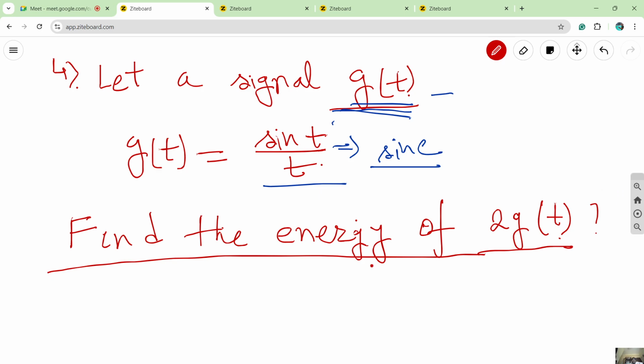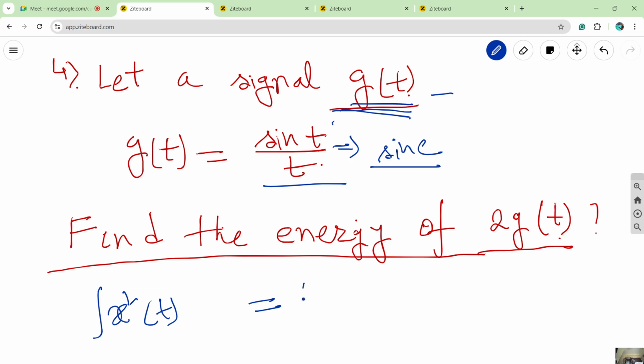So remember, what is the energy of a signal? That is actually this one. Sorry, we first generalize and then I will do it. It is actually x square of t.